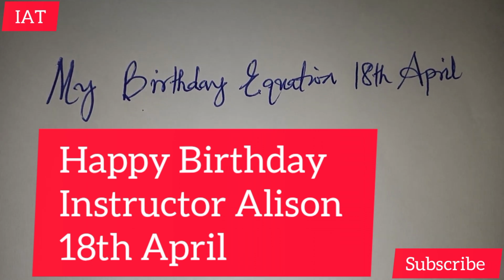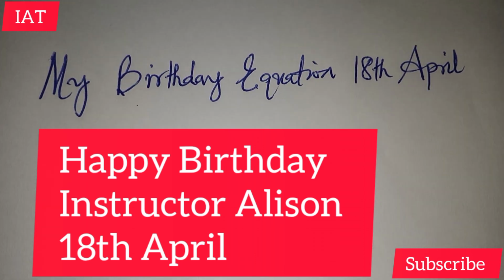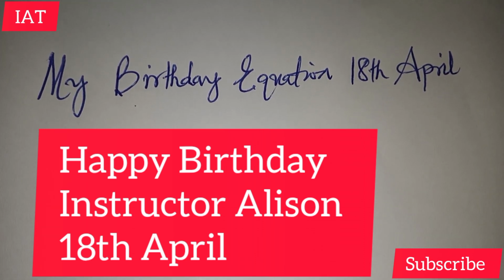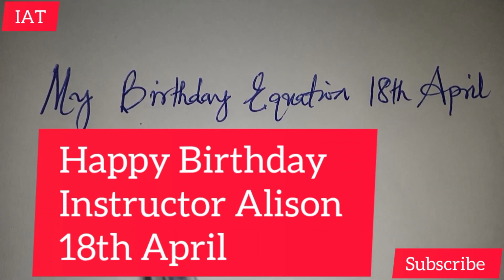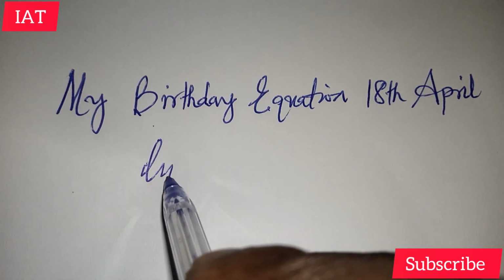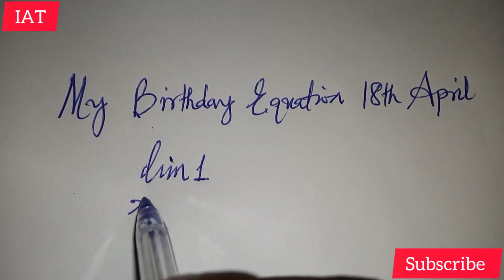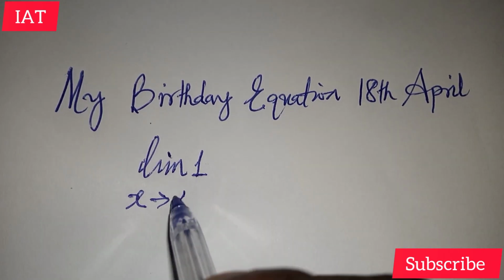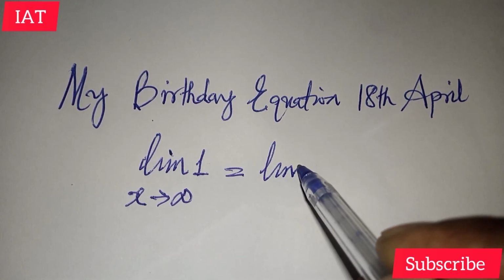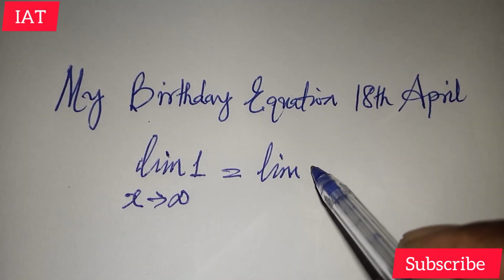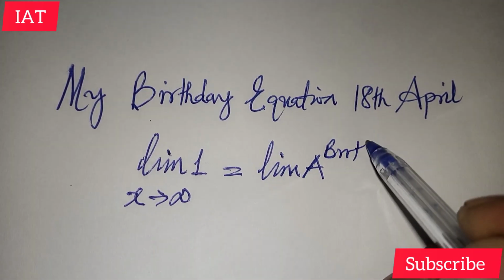Alright, so I am going to do a derivation of an equation in celebration of my birthday. I want to establish this equation with a limit of 1 as x tends to infinity, and I want to equate this also with a limit of, I will take a term of my name, say Alison, to my birth, right?